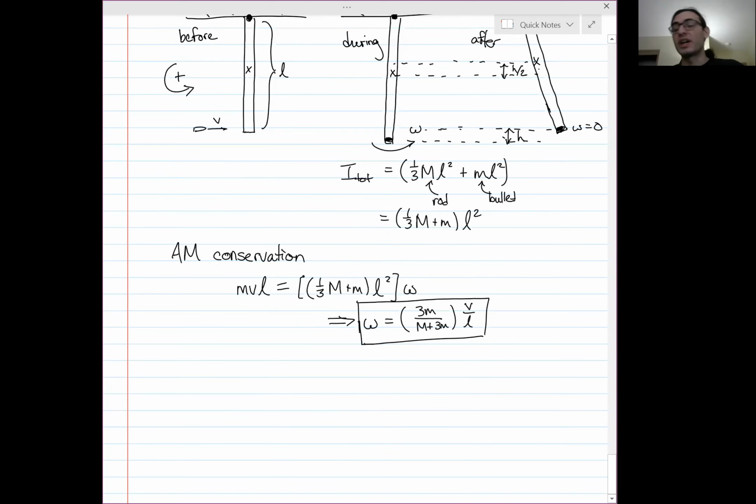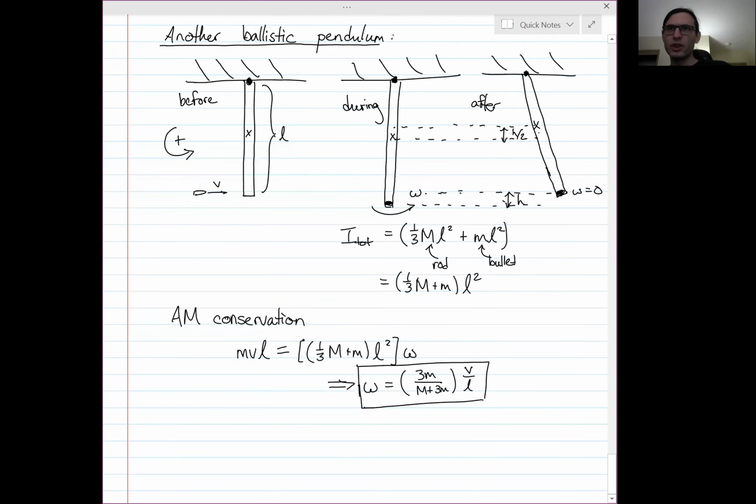Now we can also use energy conservation, right? So what do we know? We know that the pivot is not going to do any rotational work, because the forces from the pivot point don't apply any torque, because they are located at the pivot point.